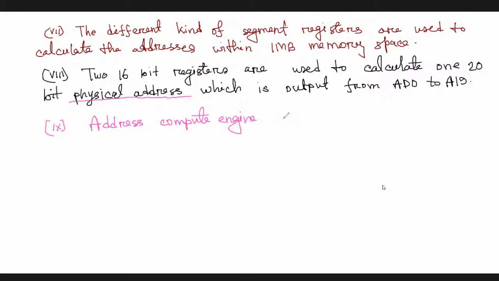What is the task of this address compute engine? It converts the logical address held by the segment register into a physical address exposed to the outside. Exposed to the outside means exposed to the pins AD0 to A19.